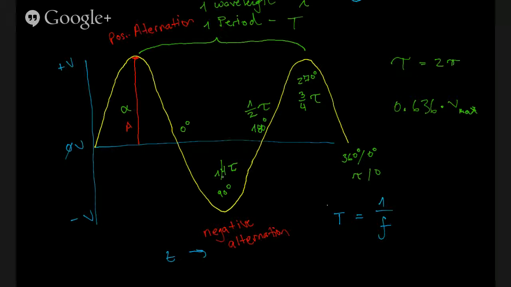Conversely, if it's half a second, we end up with a frequency of 2 hertz, and so on and so forth. With wavelength, for any wave, the velocity of the wave is the wavelength times the frequency.